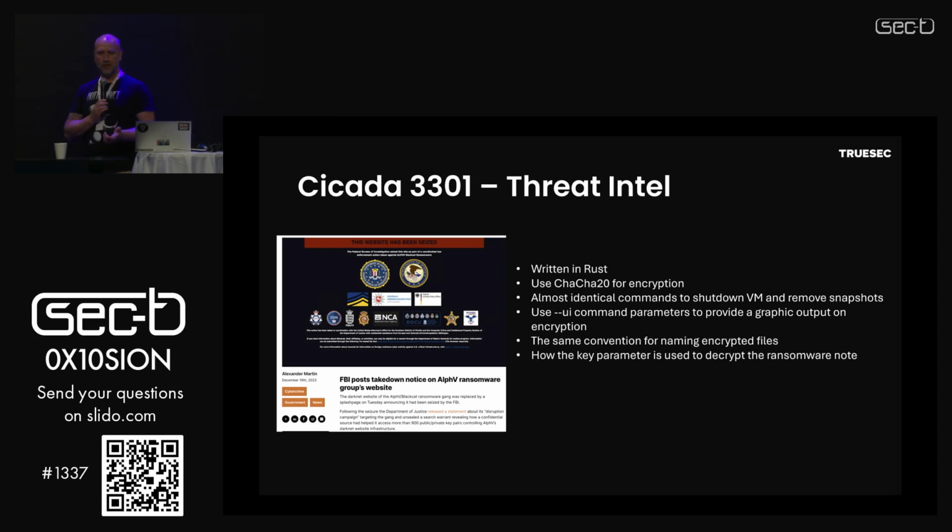We can see the --UI command, which is also the same as Black Hat. Also, when it encrypts the files, it has the same kind of recover file name data. It's identical to Black Hat. And also this way of using the key parameter to decrypt the ransomware note. So there are many things that are similar.